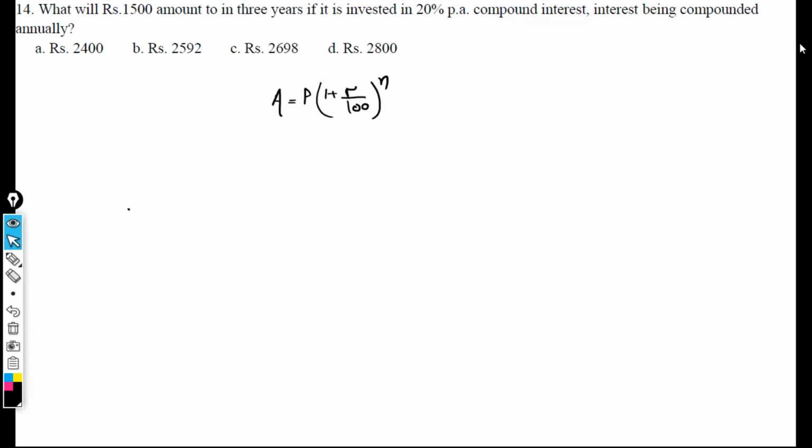Right, Rishabh. Good. Right, Madhu. Right, Shubham.